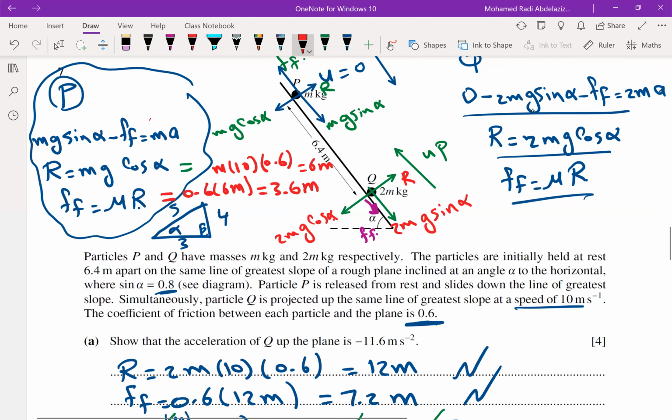Go to this equation. Friction force is 3.6m, mg sine alpha, m times 10 times 0.6 minus 3.6 is equal to ma. We divided all by m. So the answer will be 6 minus 3.6 is equal to a.